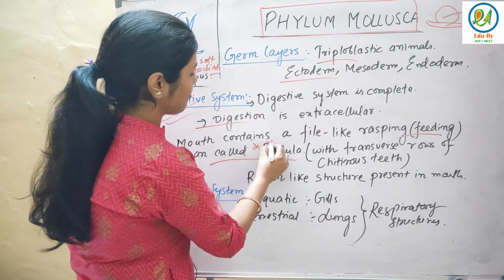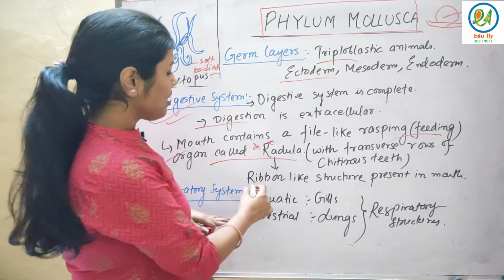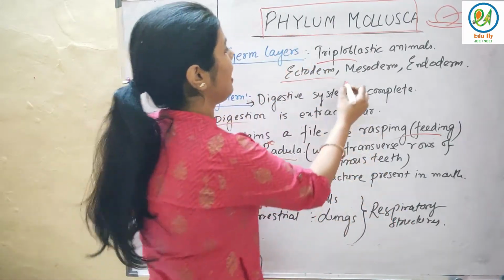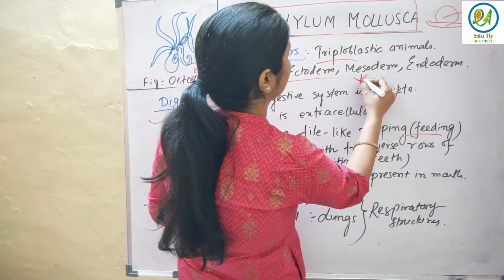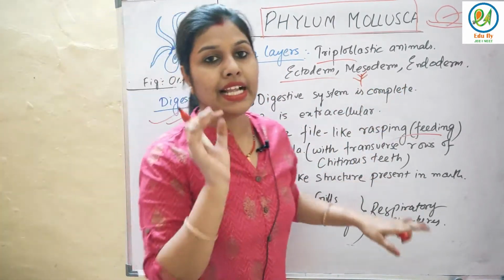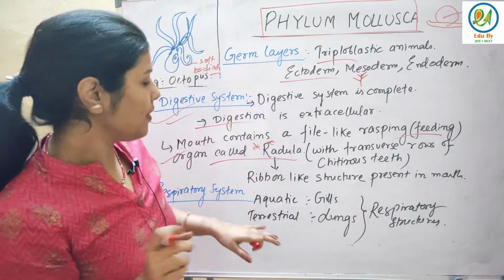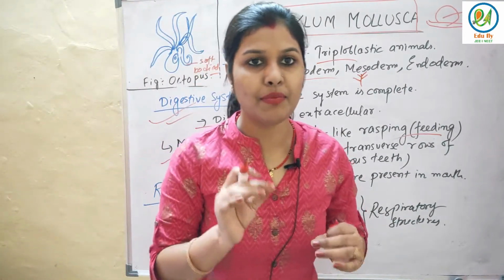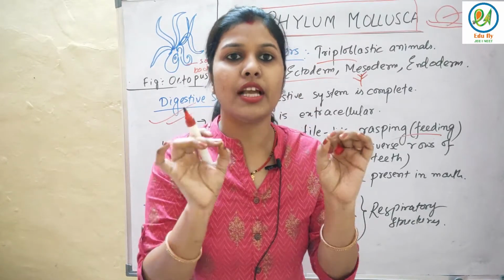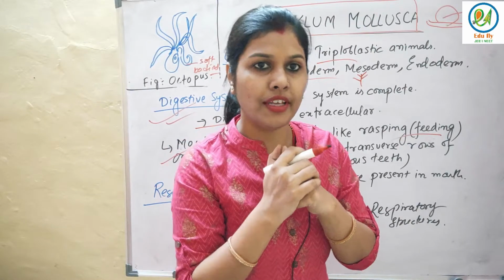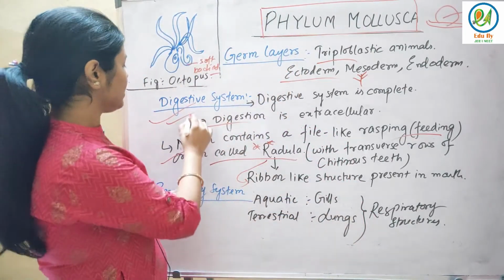Very important from NEET point of view. Radula is present with transverse rows. Transverse rows of chitinous teeth for eating. Fine. And the structure of the radula is ribbon-like, thin ribbons, that is present inside the mouth in case of mollusk. Fine, so this is about the digestive system.